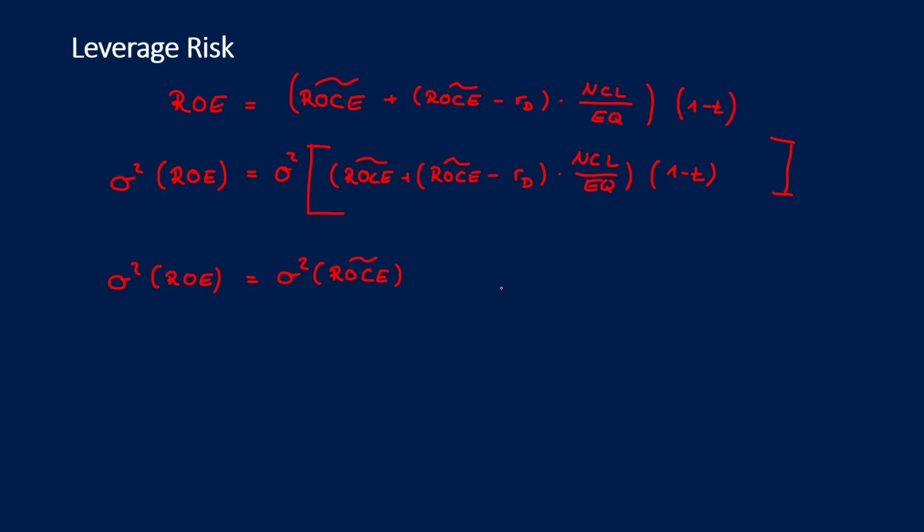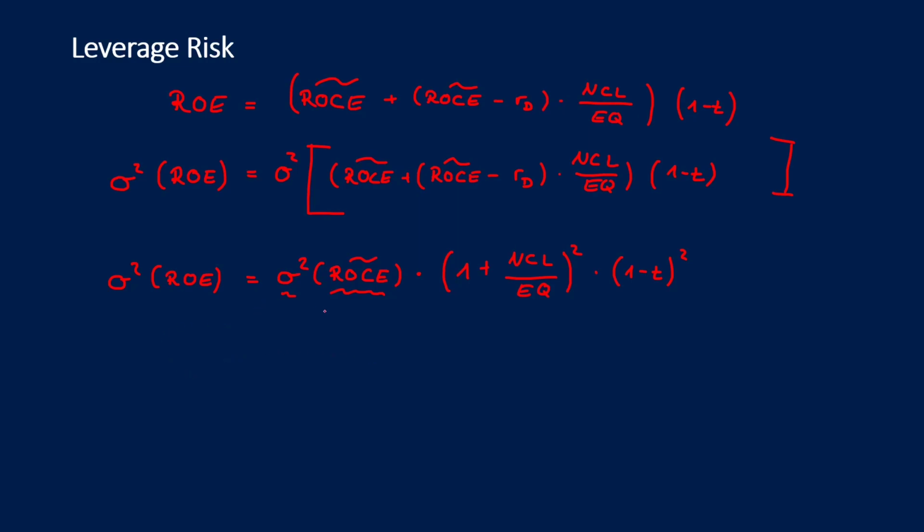which is varying, of course, times 1 plus the leverage, and that is squared here, times 1 minus t, and this one is squared too. So the only thing that is varying is the ROCE, and it has a certain variance.